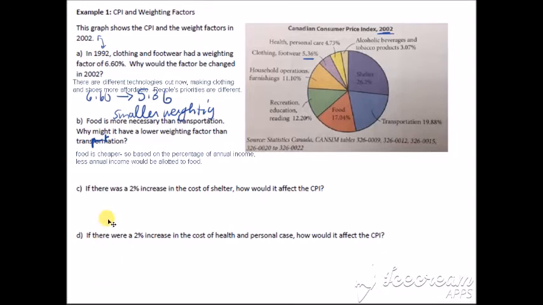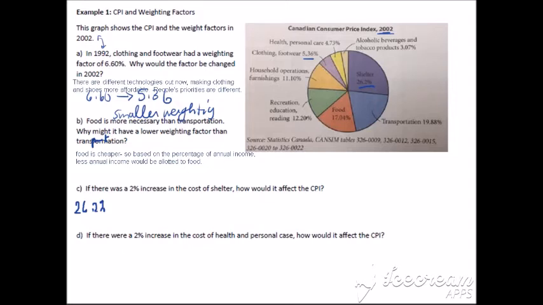Okay, if there was a 2% increase in the cost of shelter, how would it affect CPI? Just looking this up, cost of shelter is 26.2%. So if we take that 26.2% and there was a 2% increase, how would it affect CPI?